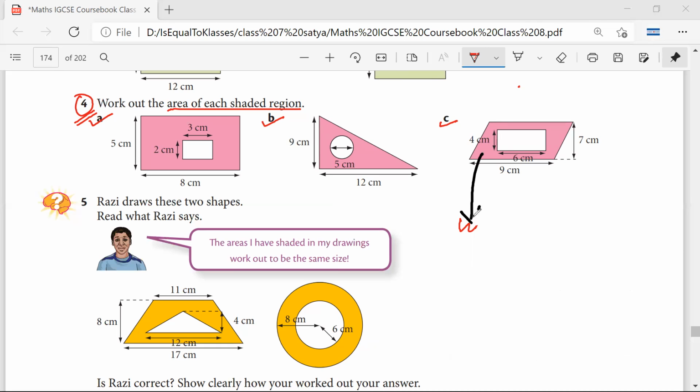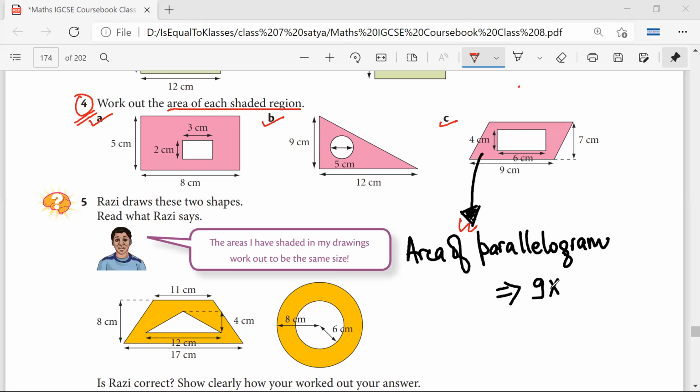How should I do C part, Sarthak? So for the whole area, we'll do 7 into 9, so 63 centimeters square.